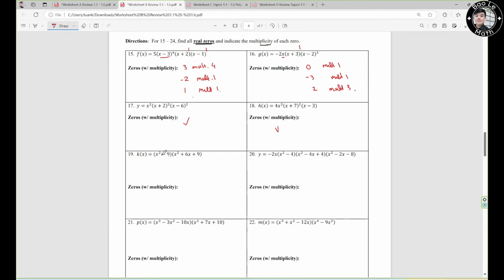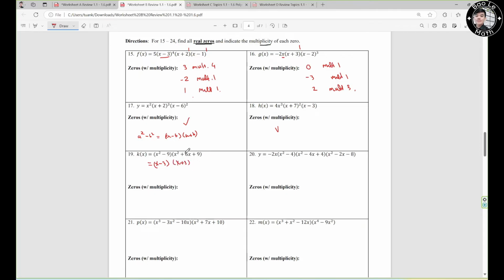Now this one, you need to factor it out. So s squared minus 9, you're going to use the formula a squared minus b squared equals a minus b times a plus b. So this one is going to be s minus 3 times s plus 3.